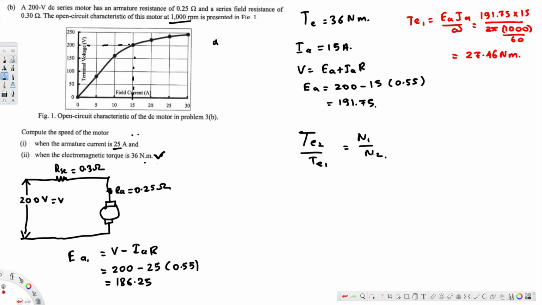Now we are going to plug that in right here, and our purpose is to find N2 because speed is the question. If we rearrange this in terms of N2, it becomes N1 times TE1 divided by TE2. TE1 is 27.46, TE2 is the final torque, that is 36.